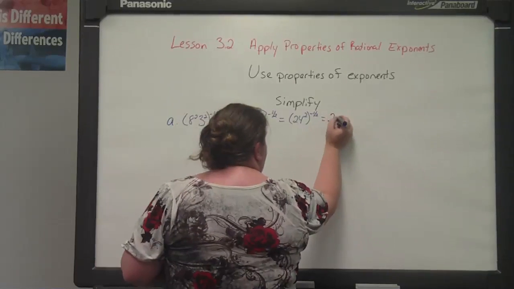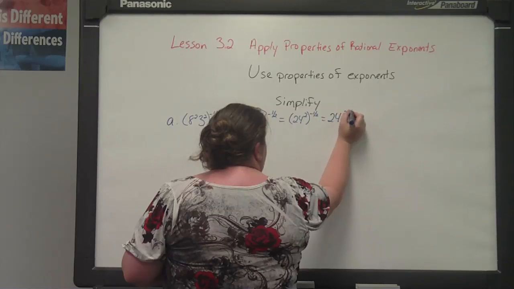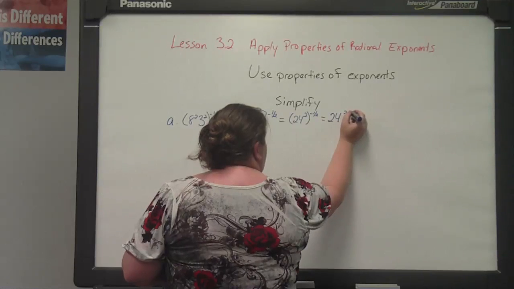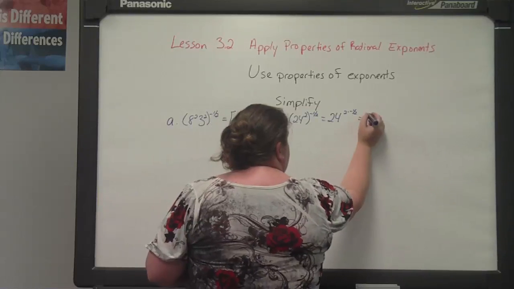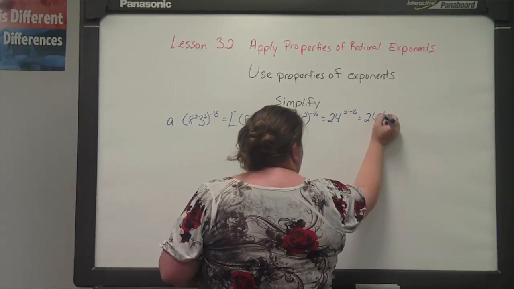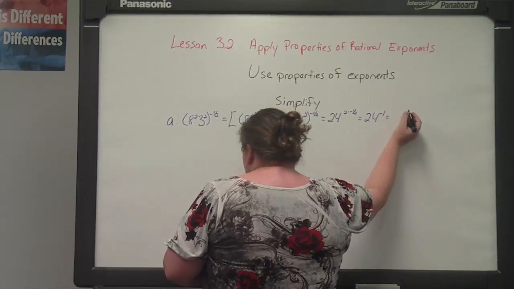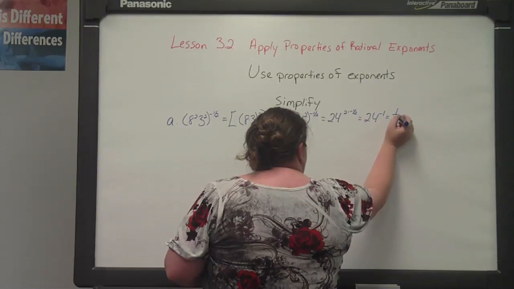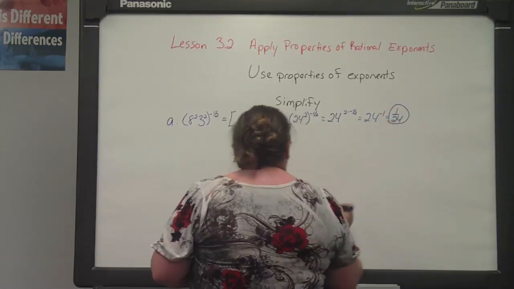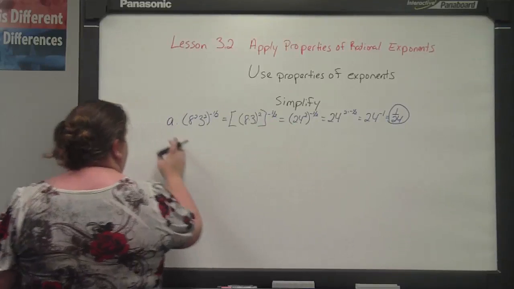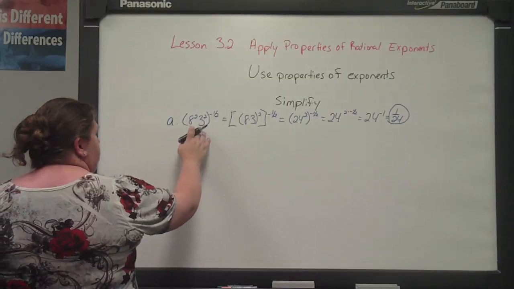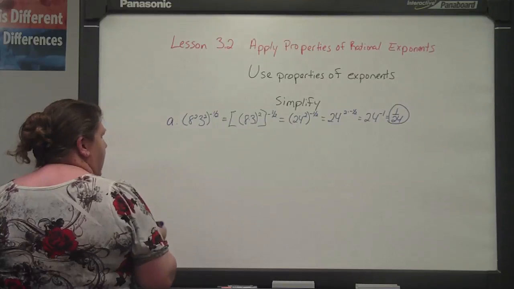So I can say 24 to the 2 times a negative 1/2 power, which gives us 24 to the negative 1 power, which ends up being 1 over 24. So that is simplifying 8 squared times 3 squared all to the negative 1/2 power.